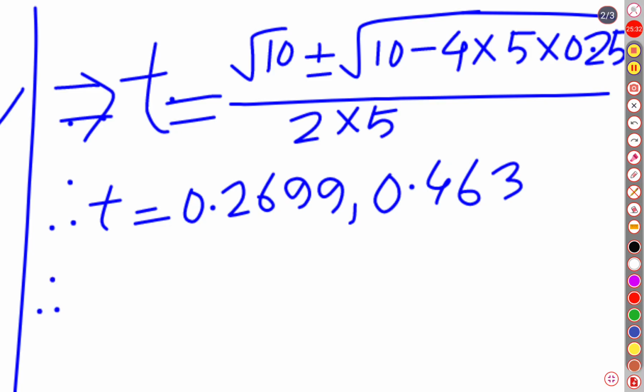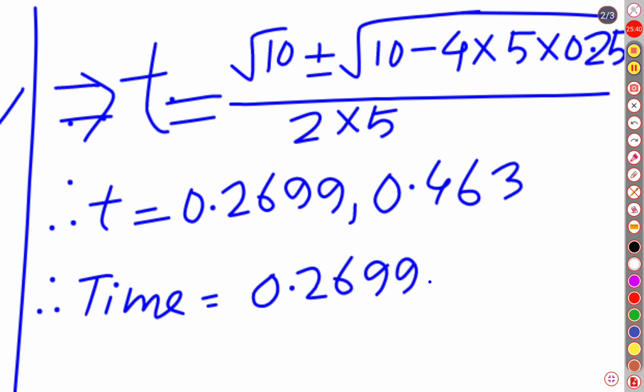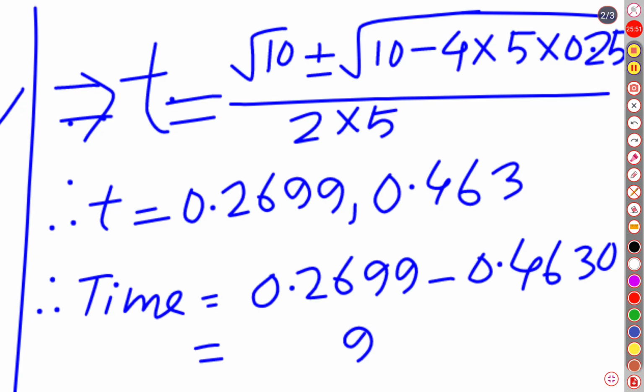So we'll write the time is equal to, we will just do the subtraction, 0.2699 minus 0.463. Sorry, we made a little mistake. We should write the greater value at the beginning. The greater value is our 0.463.